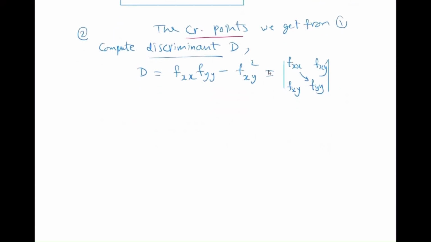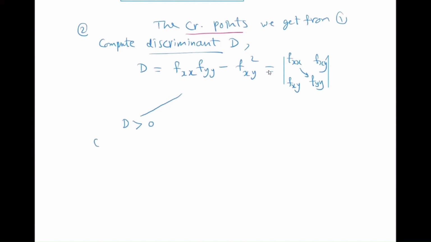So what do we get? If D is positive, then the critical point is a local maximum or local minimum, which we'll know in another step.